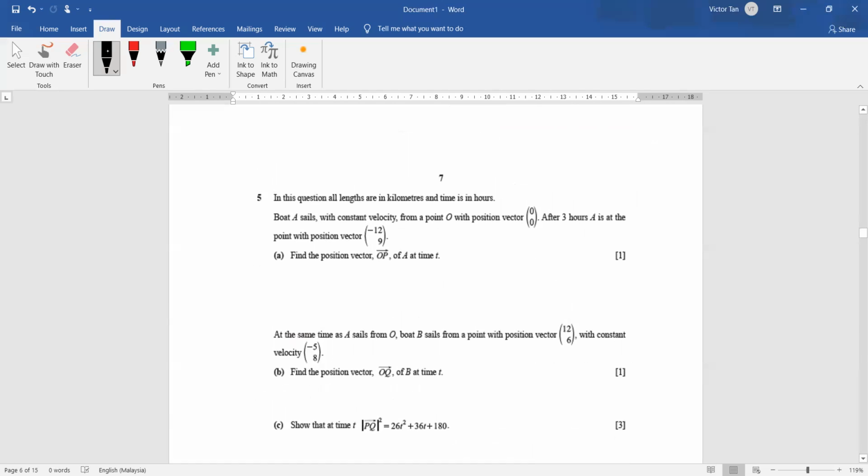In this question, all lengths are in kilometers and time in hours. Boat A sails with constant velocity from a point O with position vector 0, 0. After 3 hours, A is at the point with position vector minus 12, 9. Find the position vector OP of A at time t.